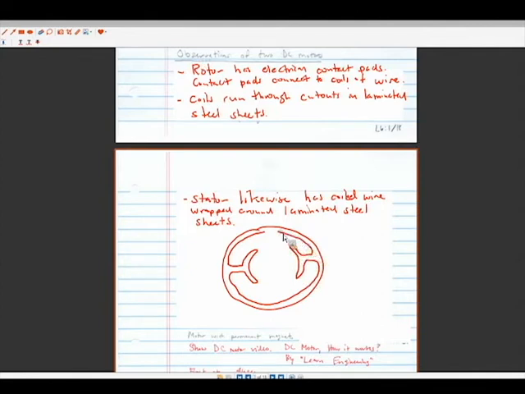So this is going to be steel. And then we're going to have coiled wire, with current out of the page on the top side and into the page on the bottom side.